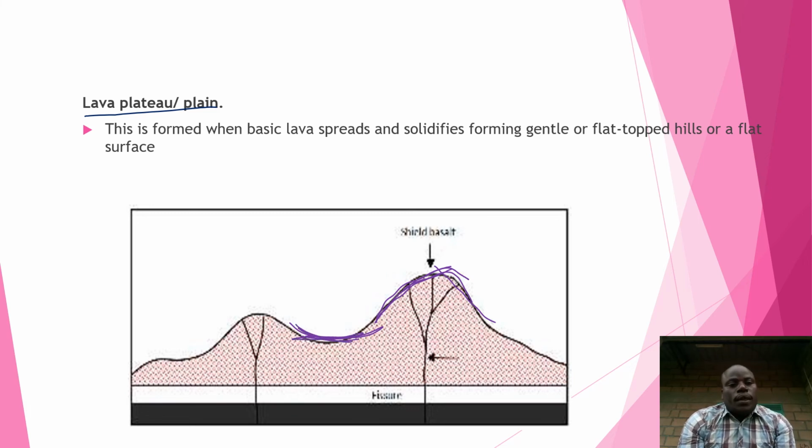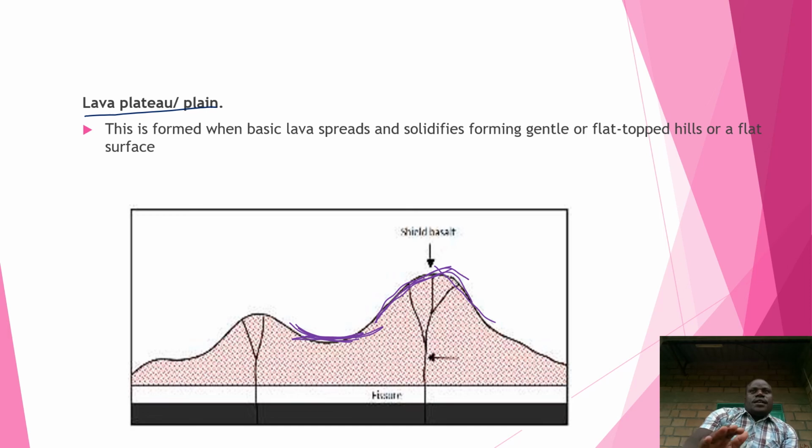So how do lava plains and lava plateau form? These are formed when basic lava spreads and solidifies, forming a gentle or a flat top hill or a flat surface.